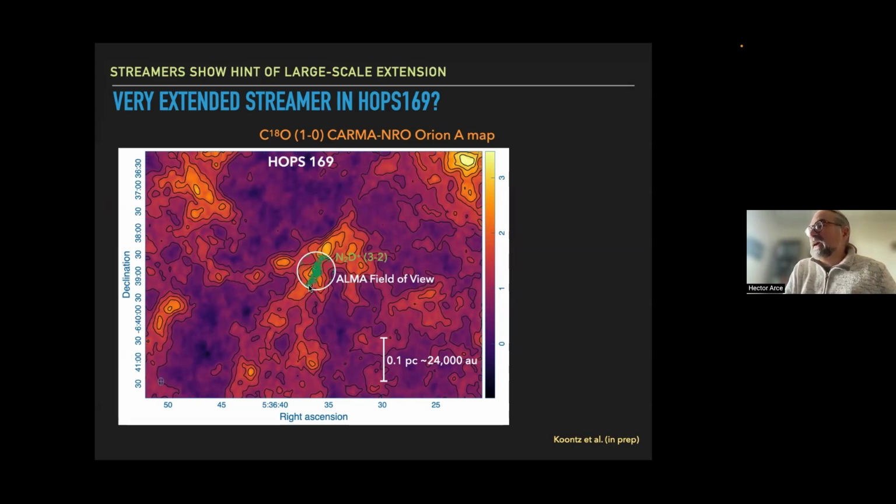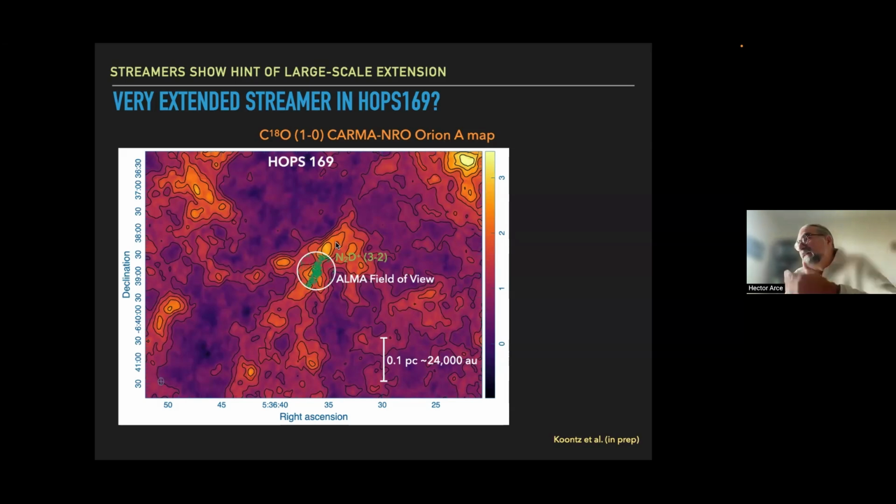So it's no surprise that those streamers could be much larger than the ALMA field of view, because we see the N2D+ extending all the way out to the end of the field of view. So it's not a surprise to see that those are actually extending further.